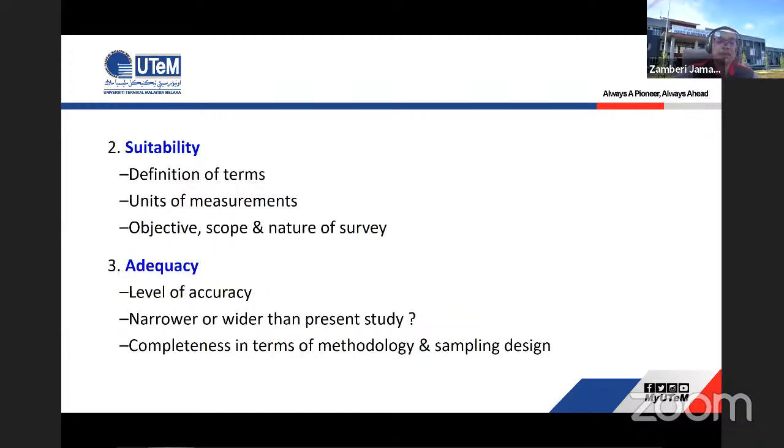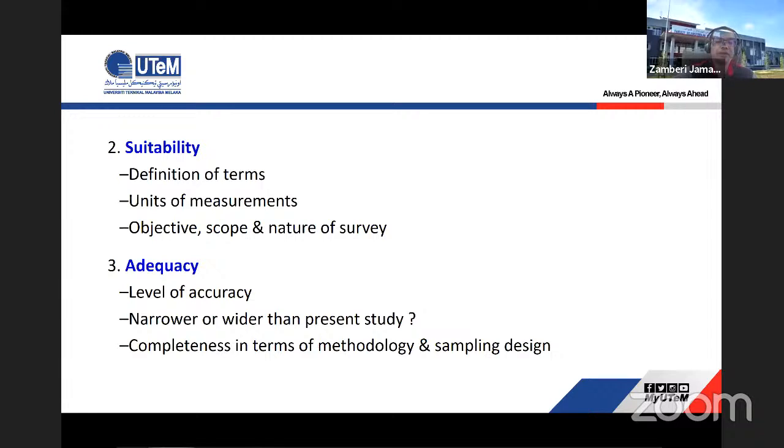Okay, suitability: are the terms comparable, are the units of measurement comparable, are the scopes and the nature of studies and surveys comparable. This kind of thing we have to really look at. Since we are not collecting those data, we have enough time to do this, so we must ensure that these are followed.